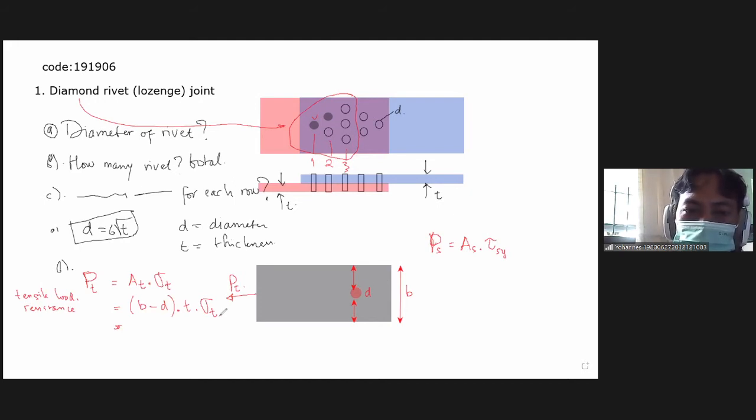Because the body of the rivet is a cylinder, this shear area must be a function of the diameter of the rivet, so we will have the formula like this.